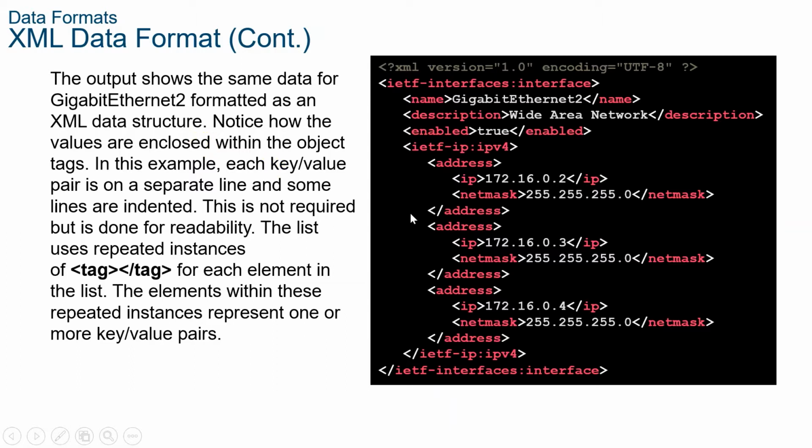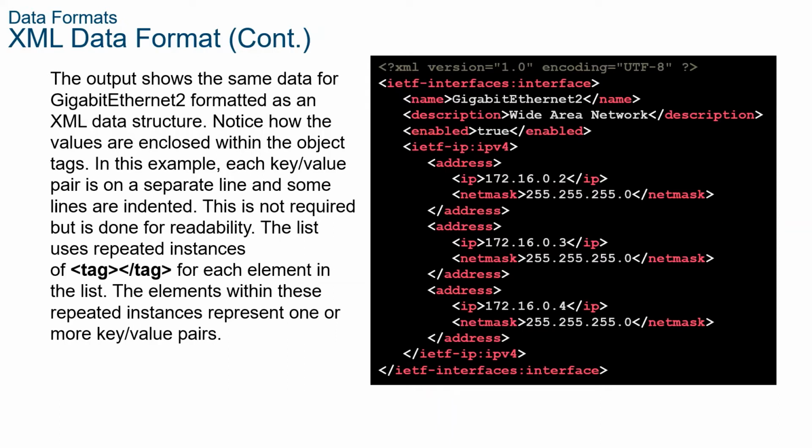This is the same output presented earlier. Notice how the data are enclosed within the object tags. In this example, each key value pair is on a separate line and some lines are indented. This is not required but is done for readability.